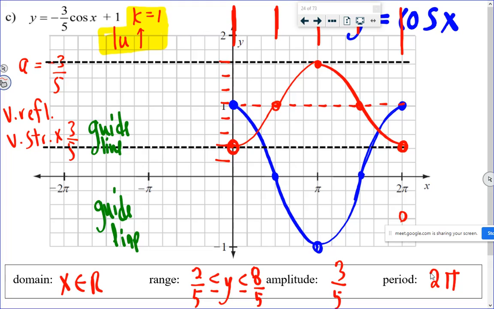A change in B is correct. A horizontal stretch is correct. And both of those things go together, like peanut butter and jam. If I change B to a non-1 number, it will be a horizontal stretch. And that's going to affect how long it takes to repeat. All right, let's take a look now at the next one.